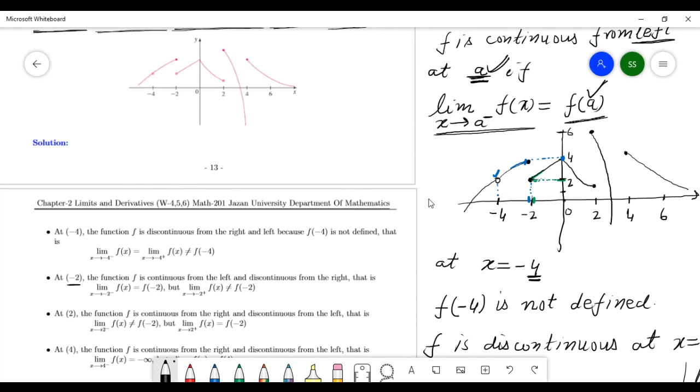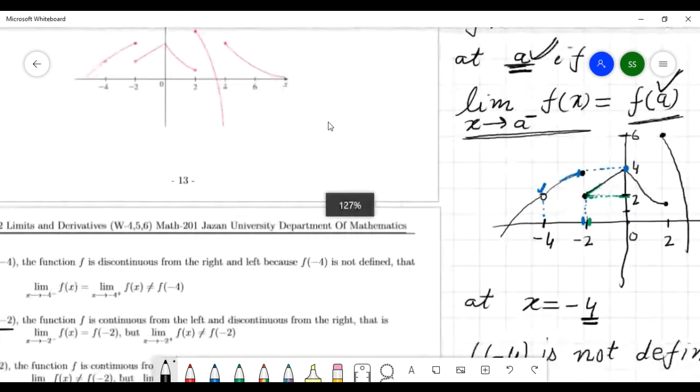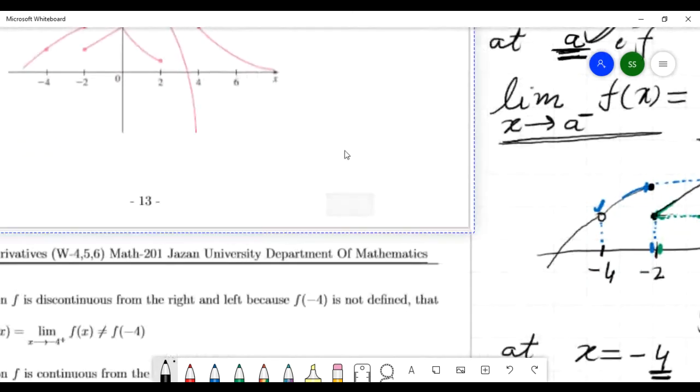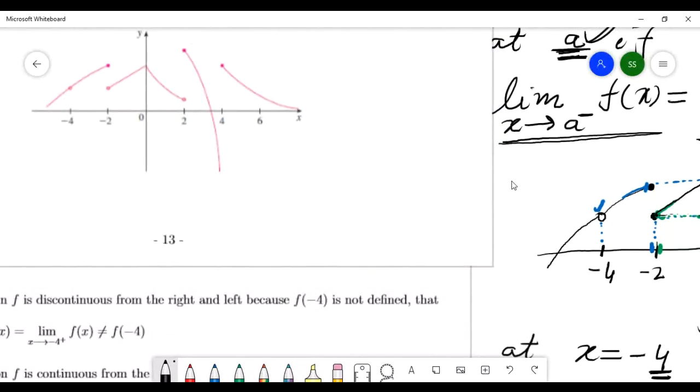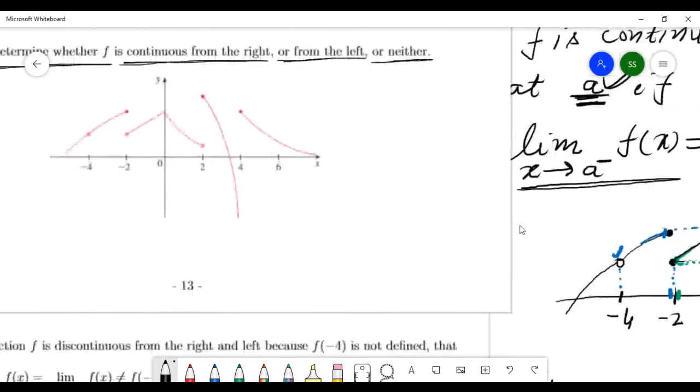Here, this is not right. At -2, look here. Here also this is a very close graph. See this, there is a hole here, a hole exists, and I have taken the graph dark.